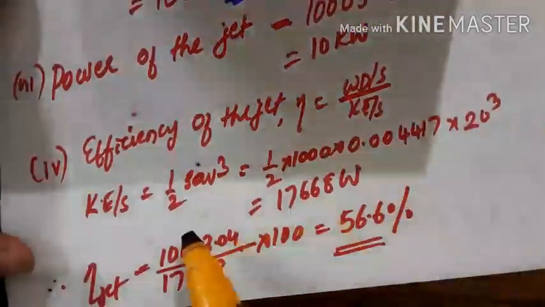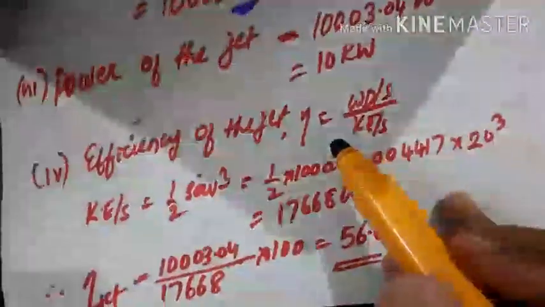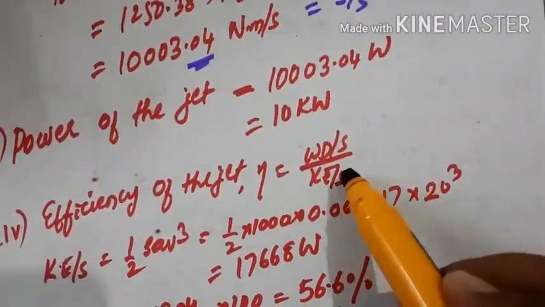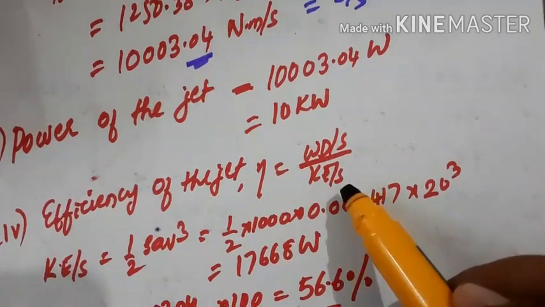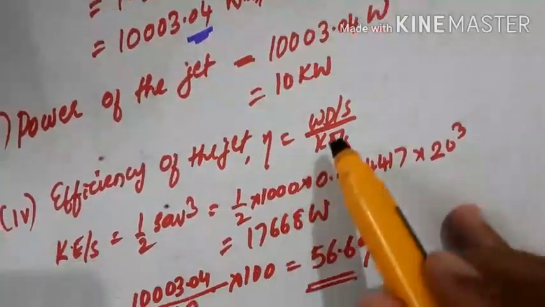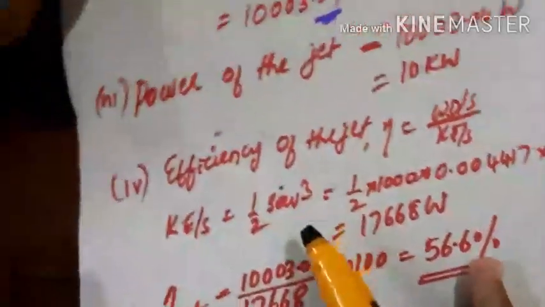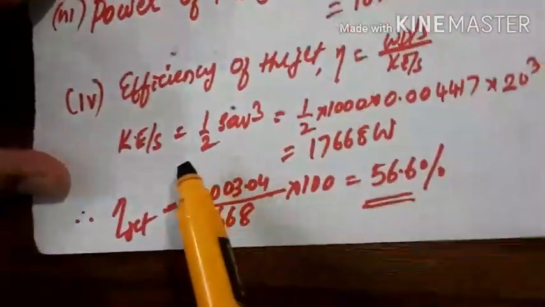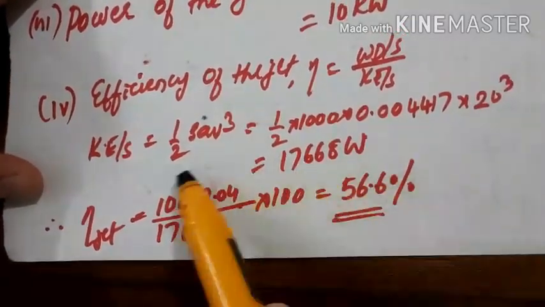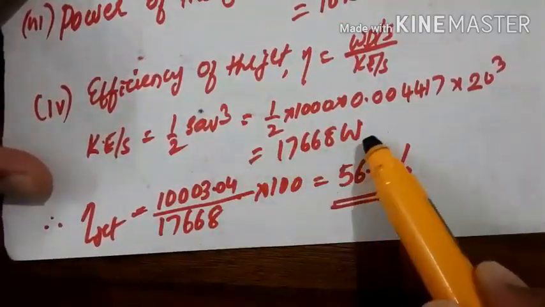Then efficiency is what? We get efficiency as output by input. Input here is the kinetic energy per second, and the output is the work done per second. We have already calculated the work done per second. So let us calculate the kinetic energy. This is the formula we know, kinetic energy per second, and we calculate it in terms of watt.